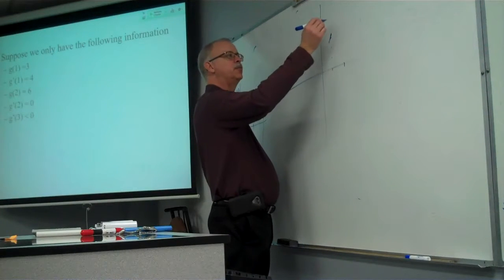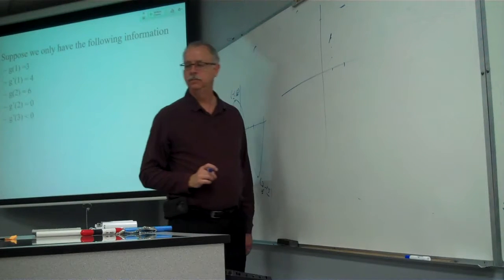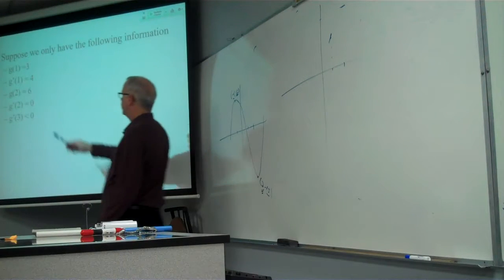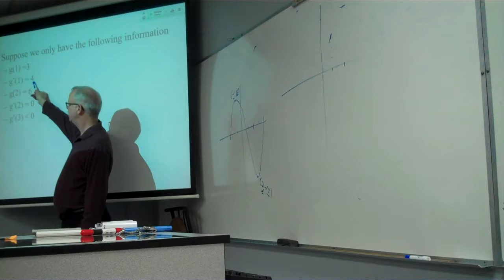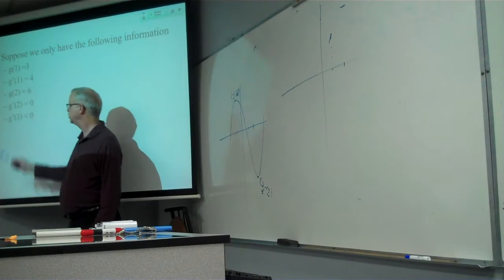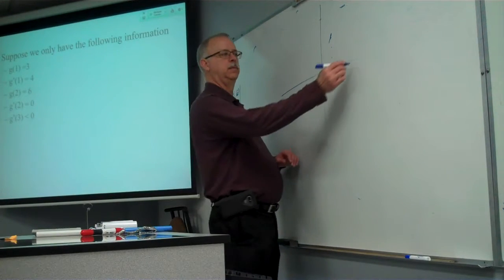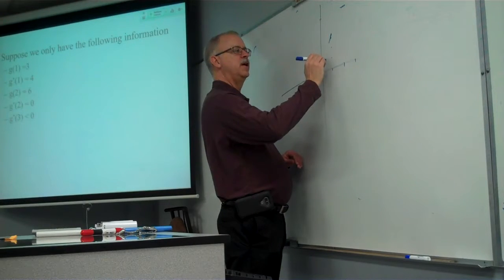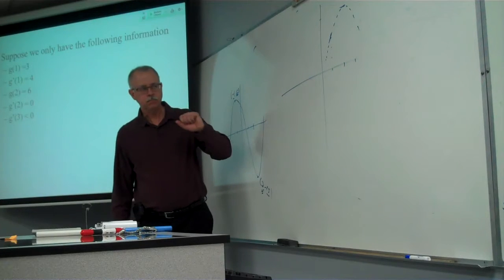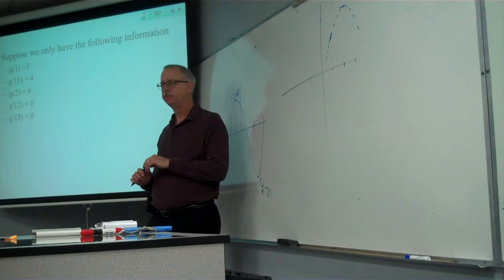By the time we get to 2, we're up to a height of 6, and we've leveled off. So this tells us what point, this tells us what direction. What point, what direction. This one doesn't tell us the point, but it does tell us by the time we're at 3, the derivative is negative, so we're headed down. So from the information we've got, that seems to be a reasonable graph that matches the limited information we have.